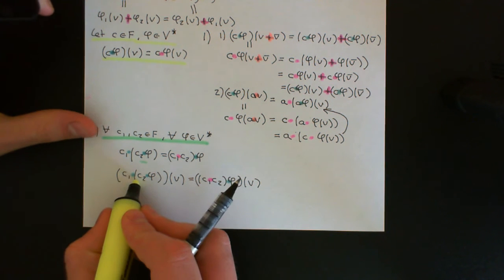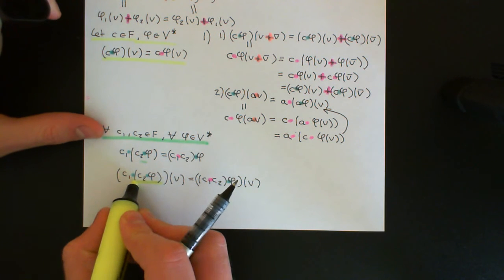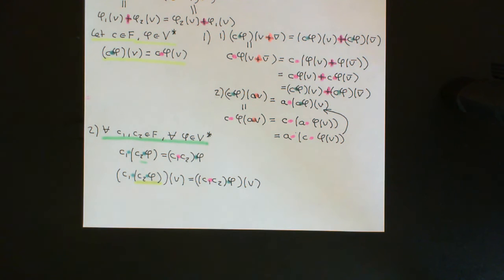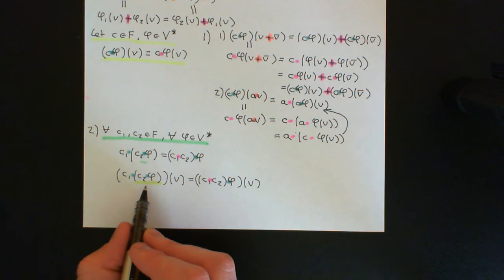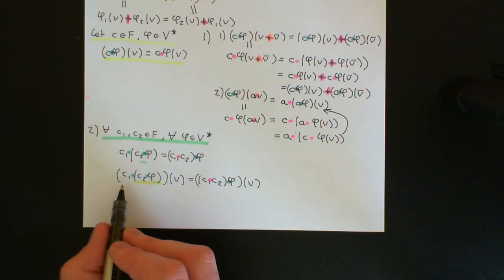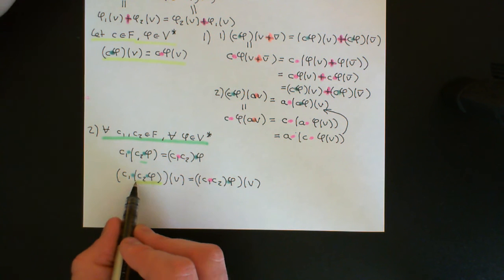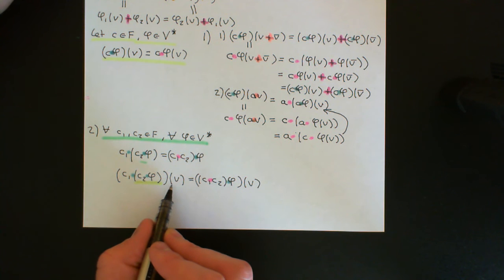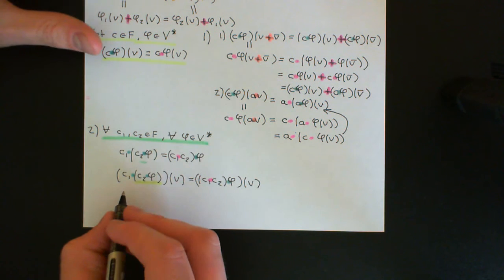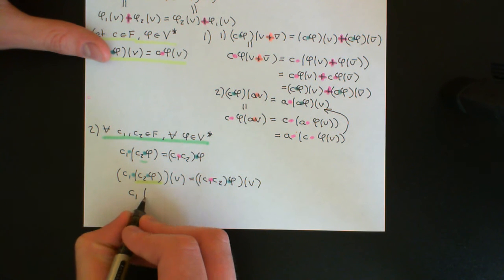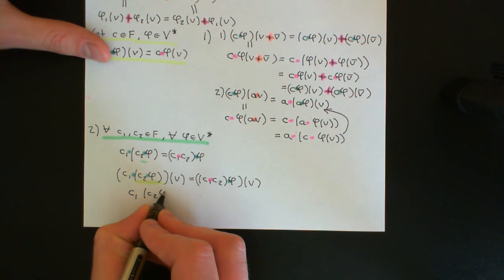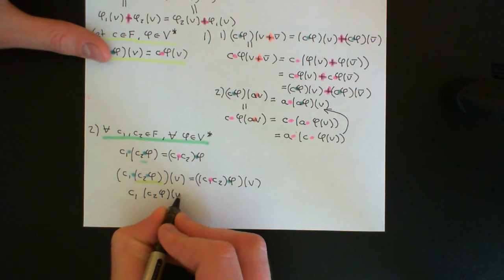Okay, so if I just underline this in yellow, view this as one covector in the dual vector space. So after all, if you worked out the answer to that, it is just a linear map in the dual vector space. Okay, then what we've got is C1 scalar multiplying this linear map, and then we're acting that on the vector V. Okay, well, just applying the definition here, this is going to be equal to C1 multiplied by C2 scalar multiplying phi of V, like so.